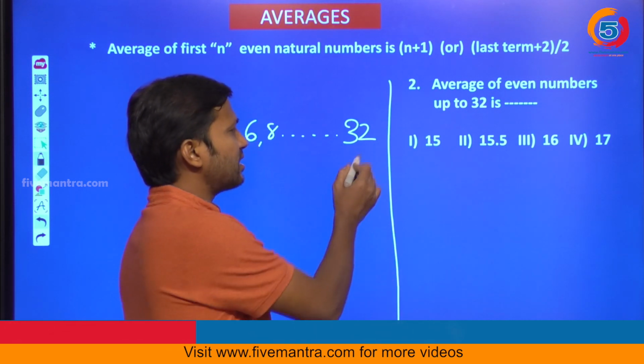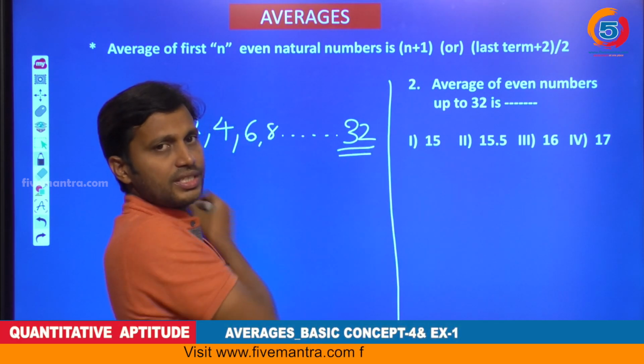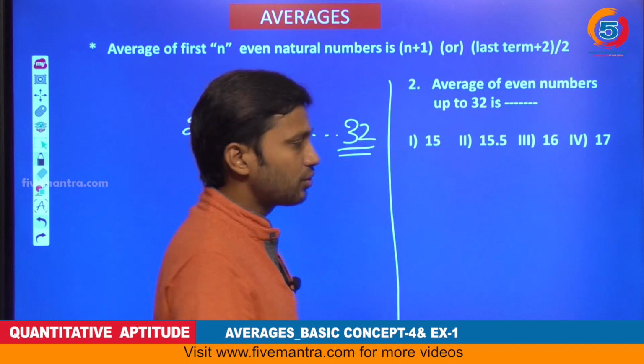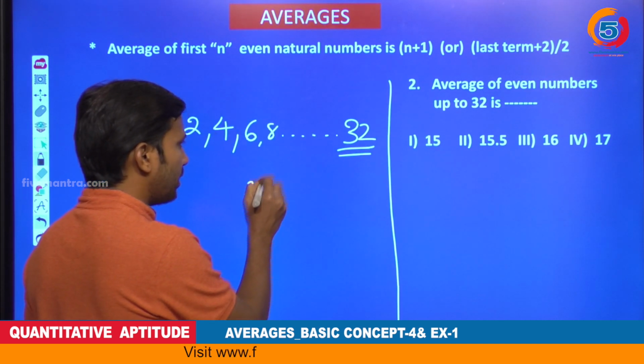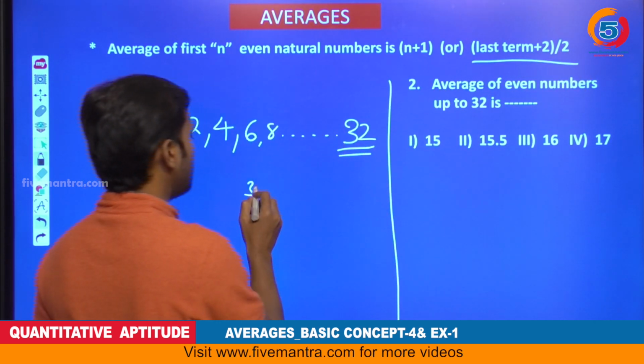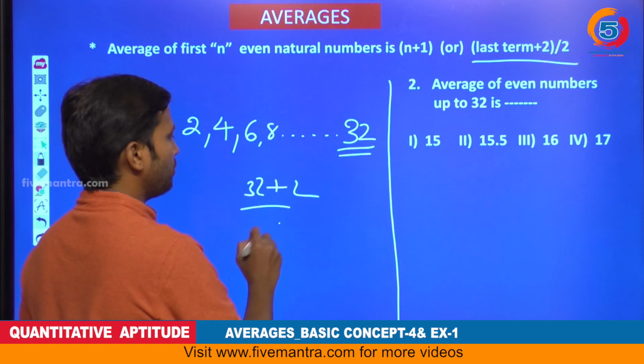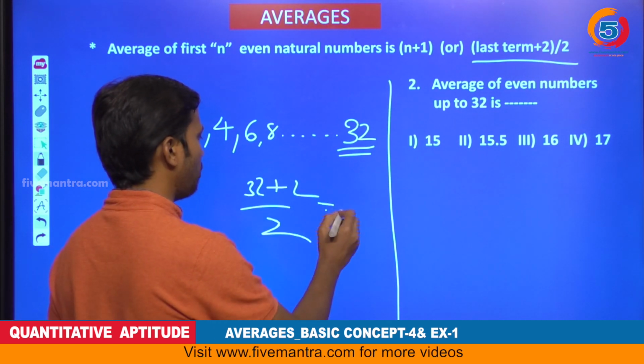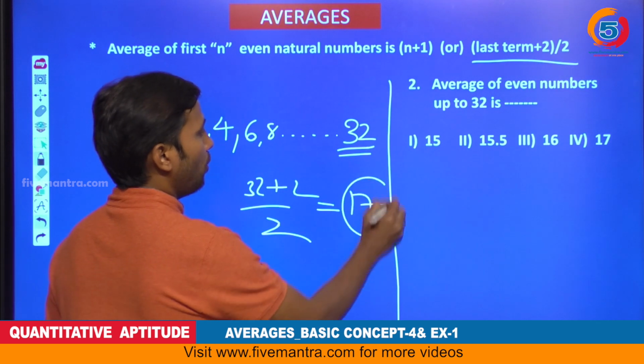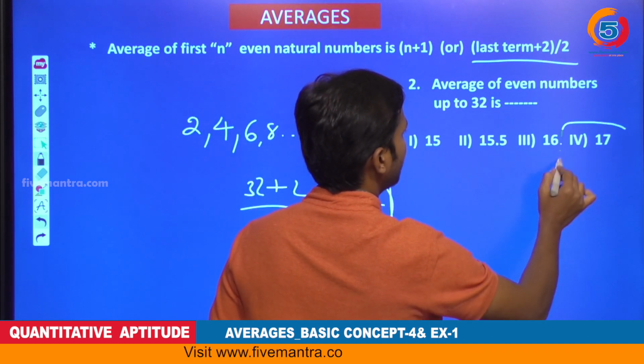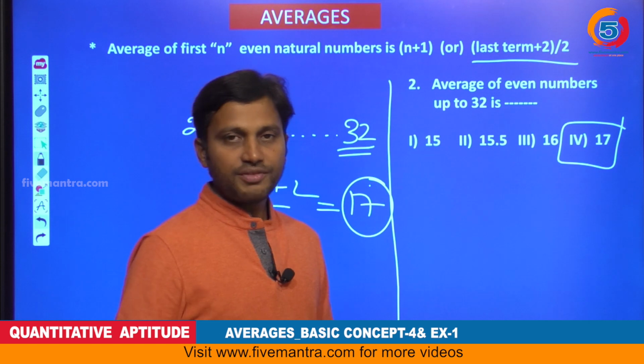So what can we say? Last term is 32, first term is 2. Then what can we find? So 32 plus 2 by 2 or not? Last term plus 2 by 2, which is 32 plus 2 by 2, which is 34 by 2, which is 17. So which of the options is correct? Fourth option. Like this we can find.